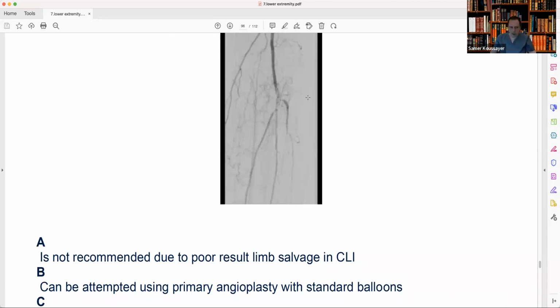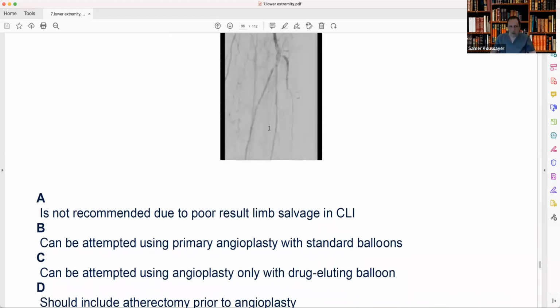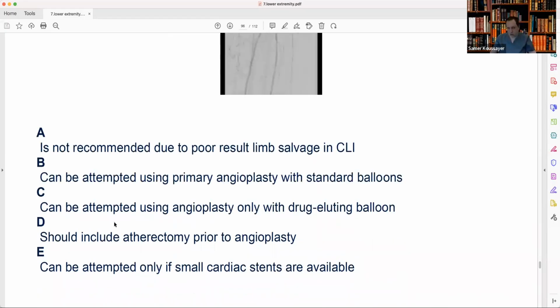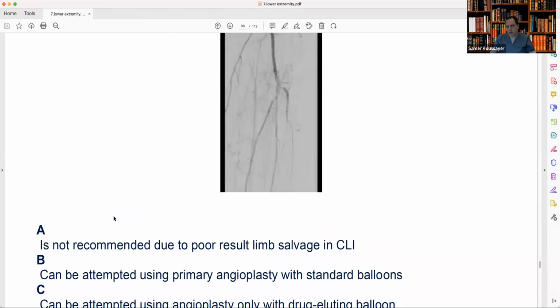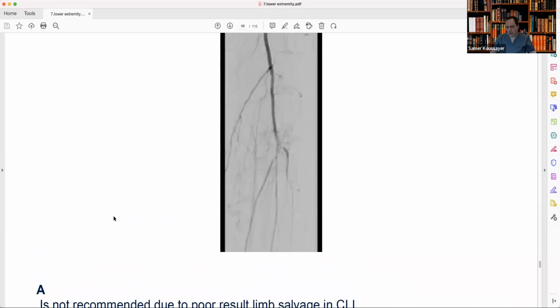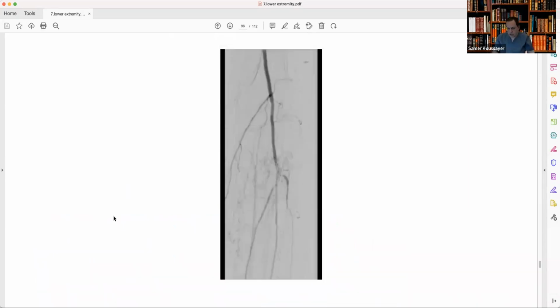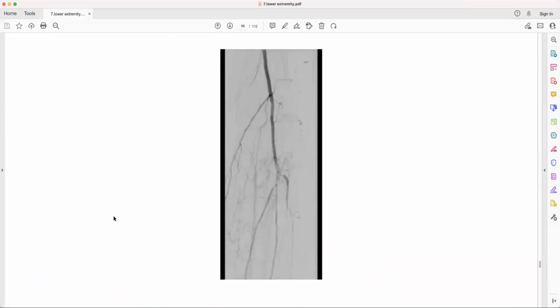But you see the question said only, that's why I said it's wrong. Should include atherectomy, there is nothing like should include. It can be atherectomy, but not should. Should that mean you have to do atherectomy? No, you don't have to. But I think maybe it is better, because it's a localized lesion.